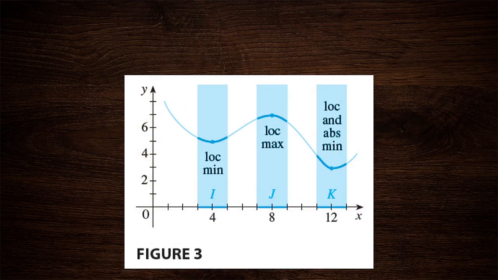So for more explanation, in figure 3, we have here interval I, from the values that we observe from the blue region, 4 is the local minimum at the value of 4 when we substitute 4 into the function.